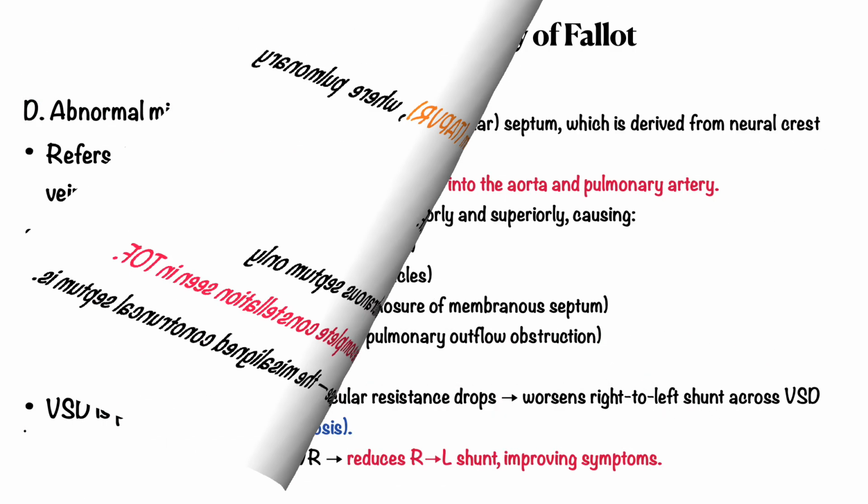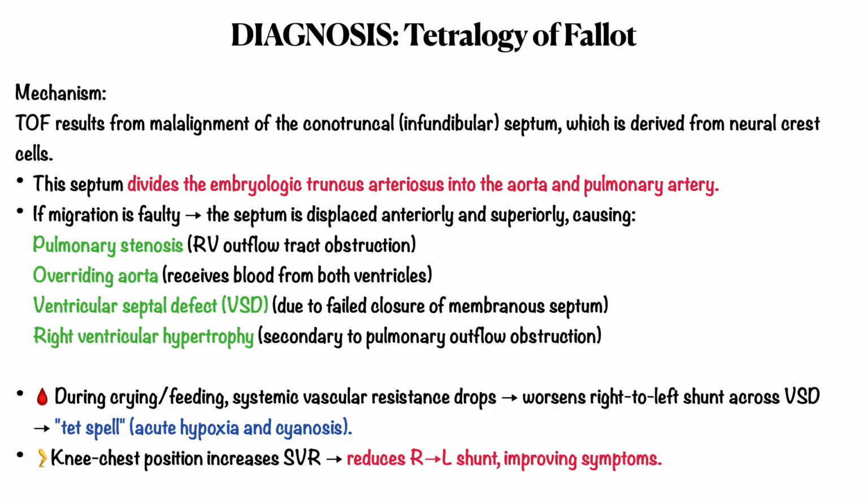Let's talk about how. So the mechanism of this lesion is that tetralogy of Fallot results from malalignment of the conotruncal, which is also called infundibular septum, which is derived from neural crest cells. So actually what happens is this septum divides the embryologic truncus arteriosus into the aorta and pulmonary artery, right? So if migration is faulty, the septum is displaced anteriorly and superiorly, causing 4 lesions. There is tetralogy, so 4 lesions.